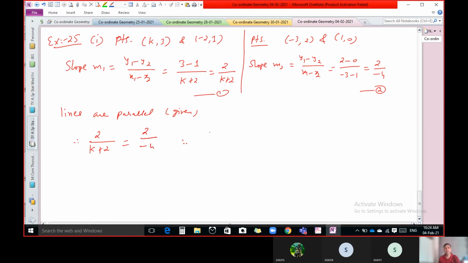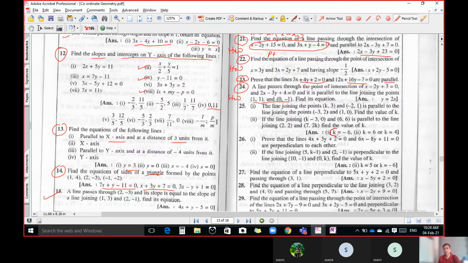Cross multiply and tell me the answer. Minus 8 is equal to 2k plus 4. Take 4 to the other side. 2k is equal to minus 12. k is equal to minus 6. So this is the answer, k equal to minus 6.